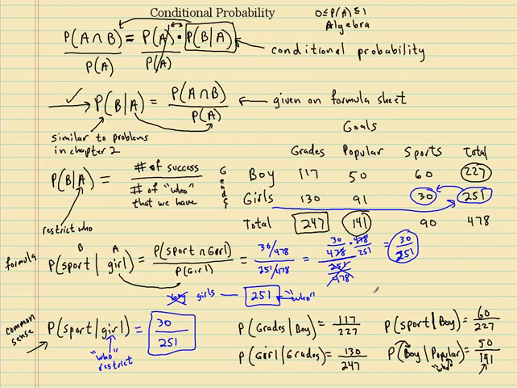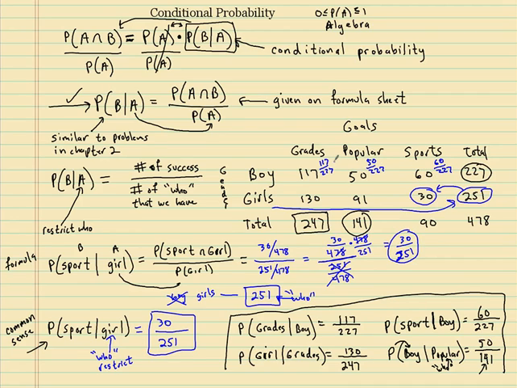Next chapter, we'll be talking about another formula for independence, which is better than our other formula, and we'll get into some analysis of these. In chapter 2, we had a rough idea of independence. Just looking at these conditional probabilities, which we learned in chapter 2, which would be 117 over 227, 50 over 227, and 60 over 227.